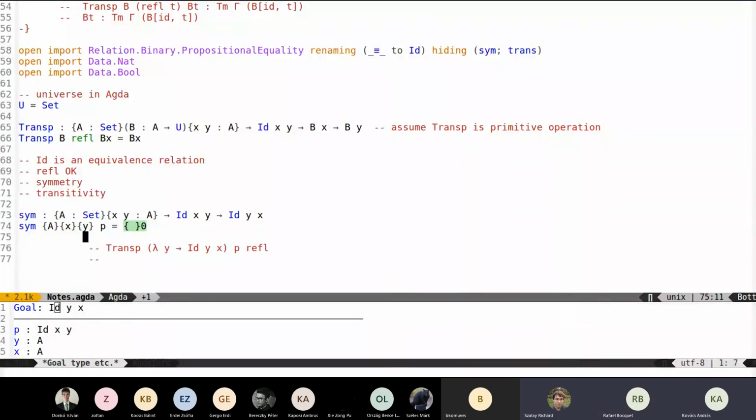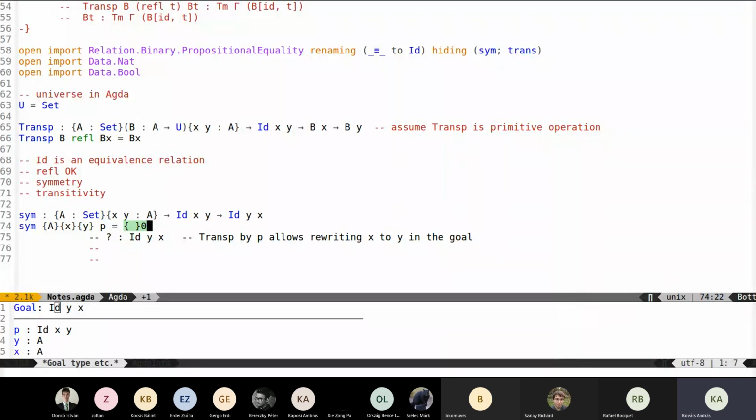So here the goal is id y x, and transport by p basically allows rewriting x to y, so it always goes from right to left in the goal.